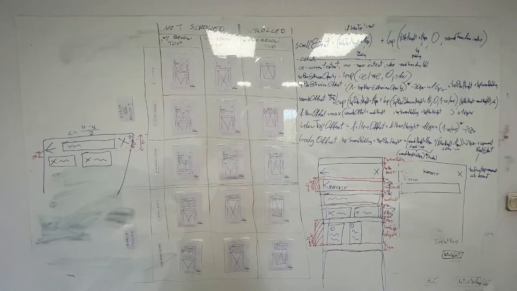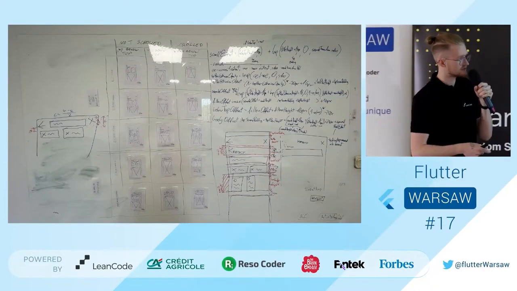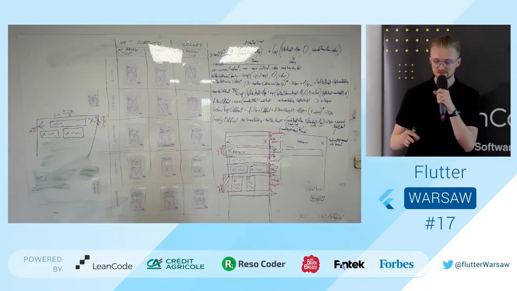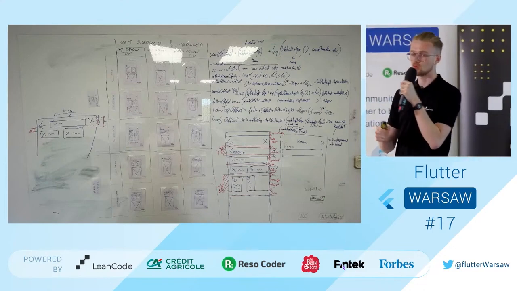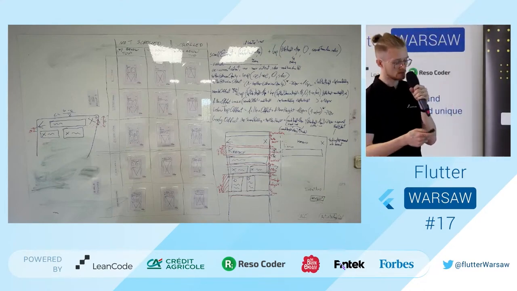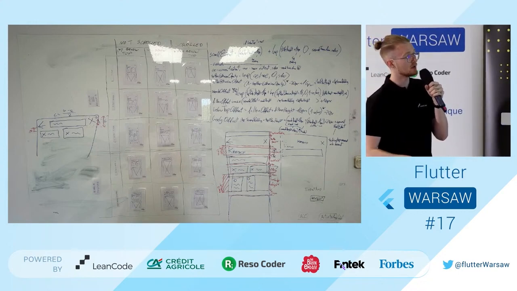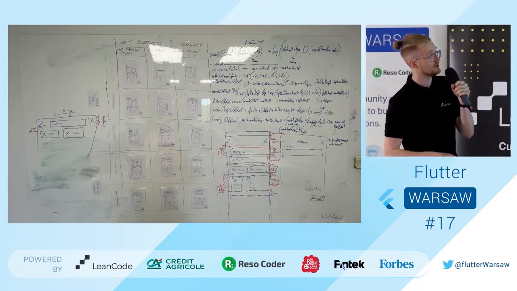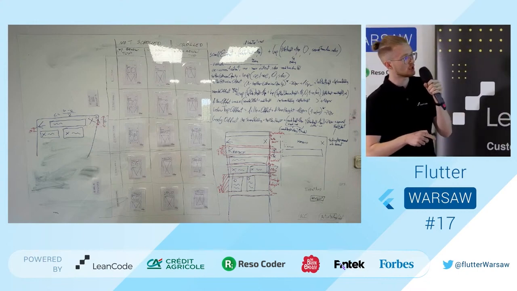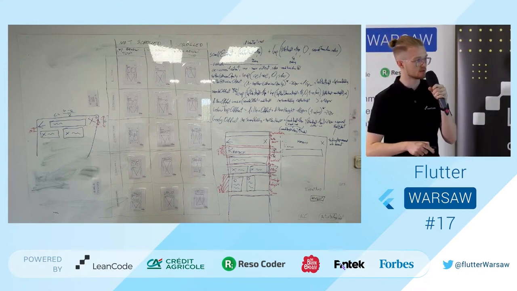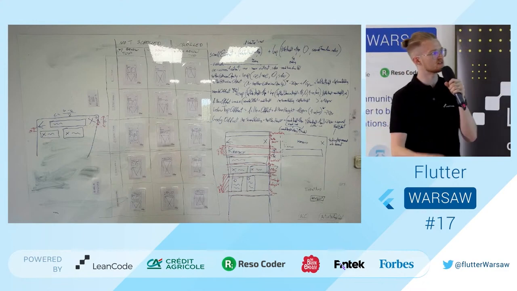And how we addressed it. I started with drawing all of the states that this widget should have on pieces of paper. Those are those particular states: scrolled, not scrolled, having this below-top thing, collapsed, with search, without search, all of this stuff.